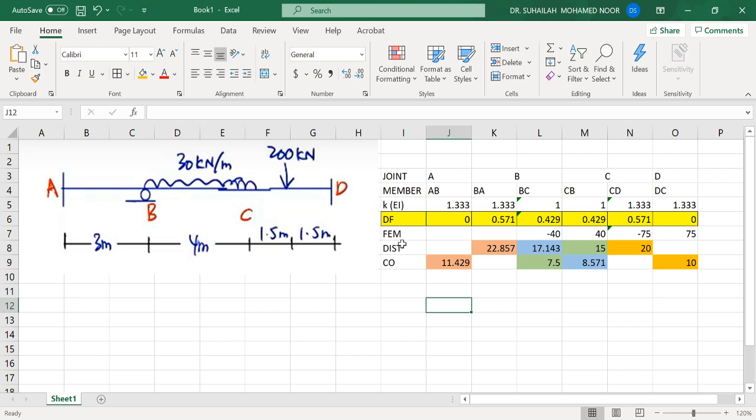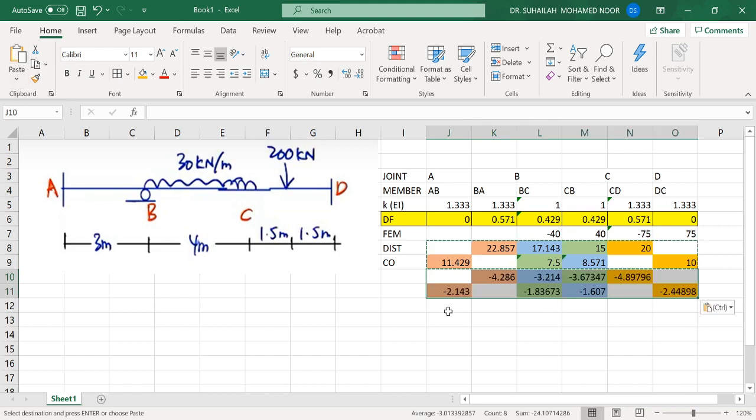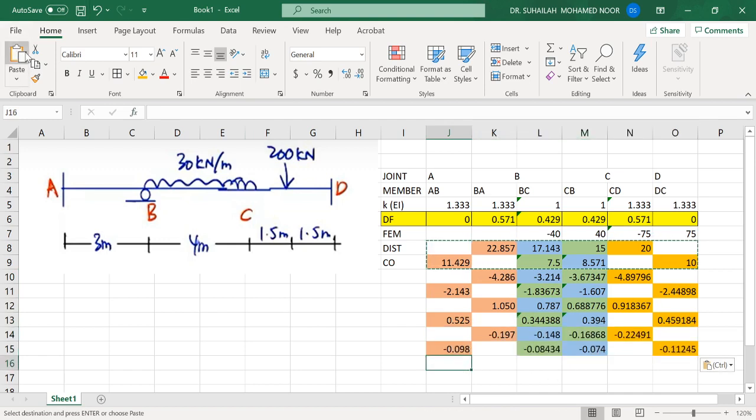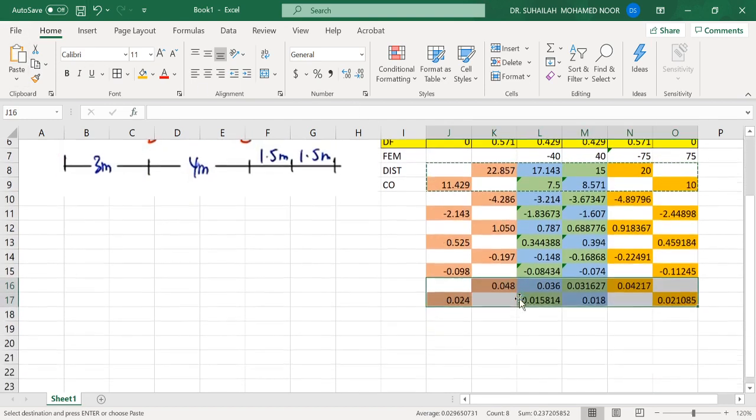Then see what I'm going to do now. I will copy this. You may check back using a calculator. So I will only paste the value, paste again, paste until the value reaches 0.